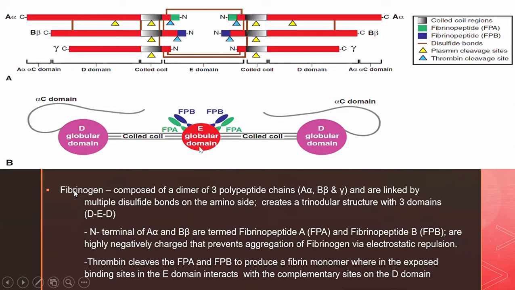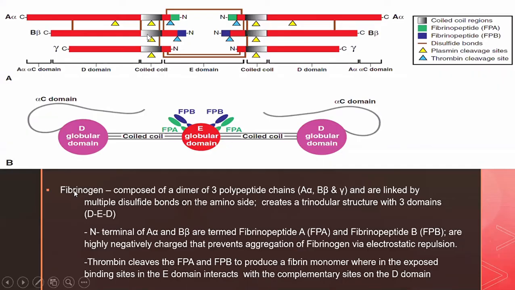Those 3 domains are the most important part of your fibrinogen because their function is to attach to other fibrins and be stabilized. Now, the amino terminals of your A alpha and B beta are termed fibrinopeptide A or FPA, and fibrinopeptide B. To activate fibrinogen, you need to cleave them.